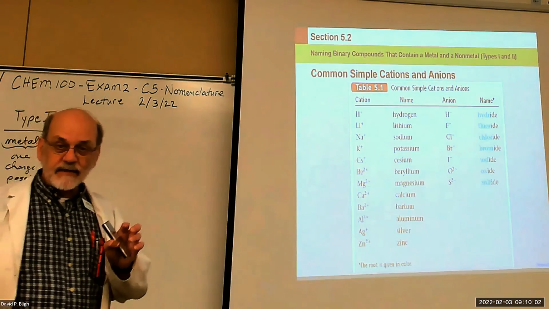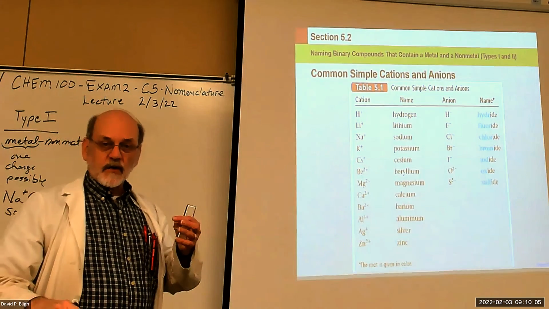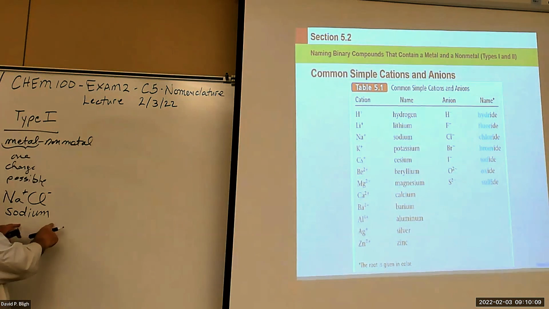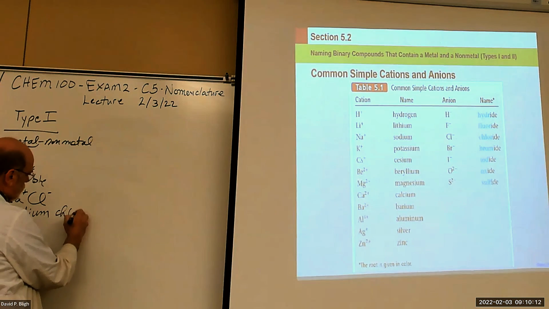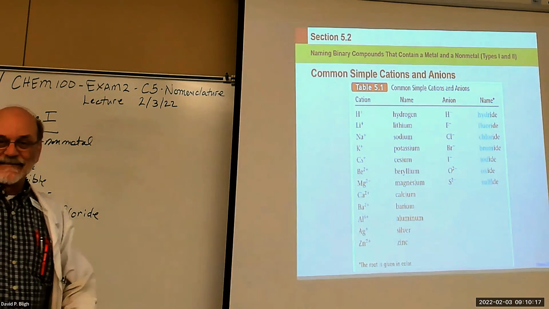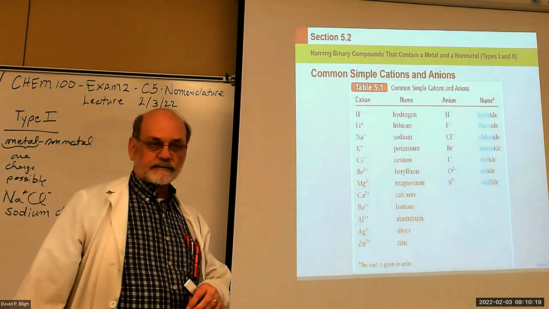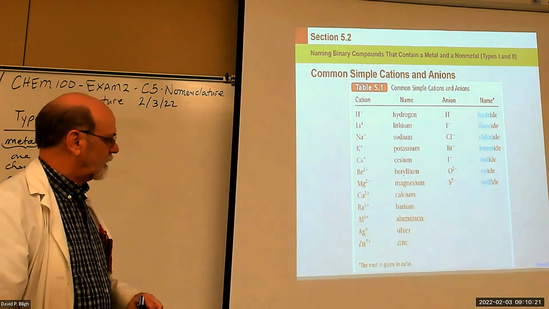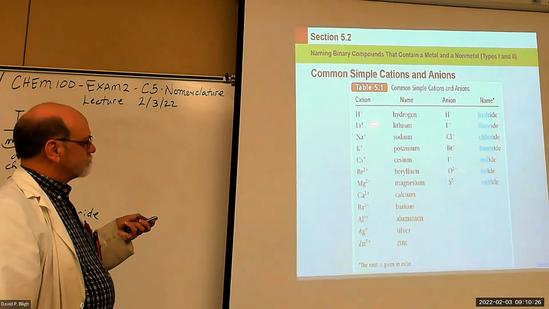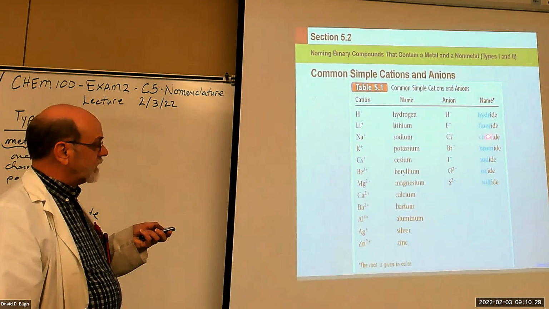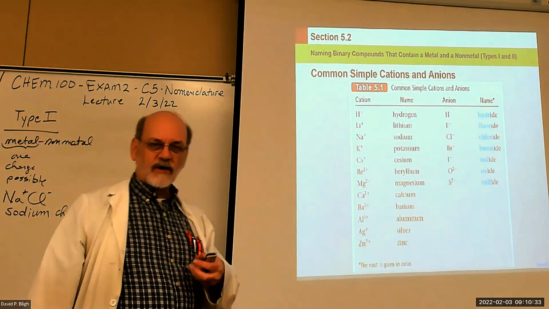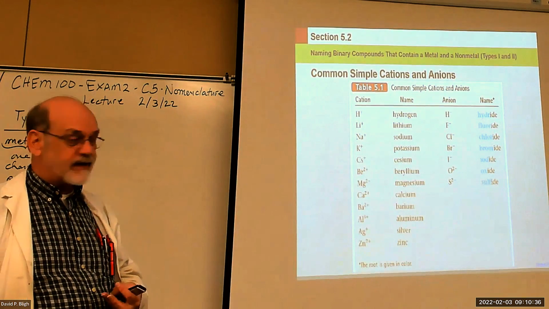And the second part of the name, the anion part, we change the ending to IDE. So instead of chlorine, we say chloride. And that's typical for all but a few. For now, let's just say that's it. So here's chlorine, would be chloride. You can do the same thing with bromine, would be bromide. Or iodine would be iodide.